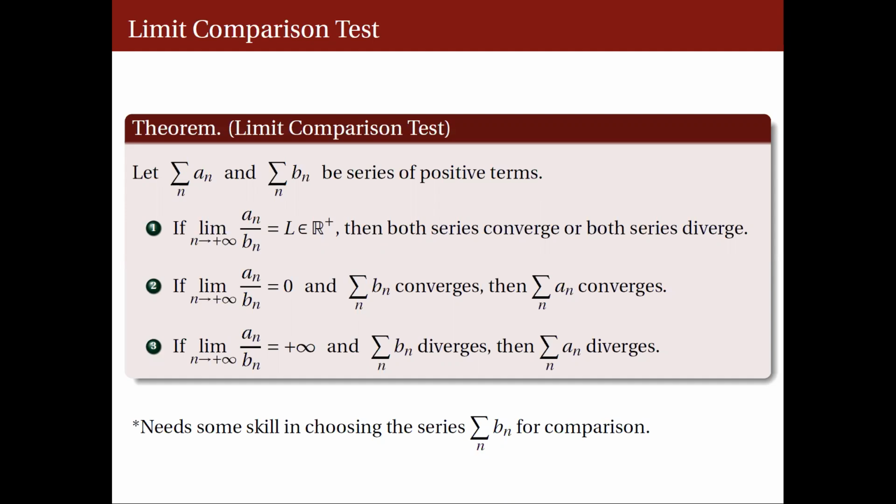Just like in the comparison test, you will need some skill in choosing the series of b sub n for comparison. As you will see in our examples, one may use the geometric series or P series for the series of b sub n, but it may not be the case for some other problems.